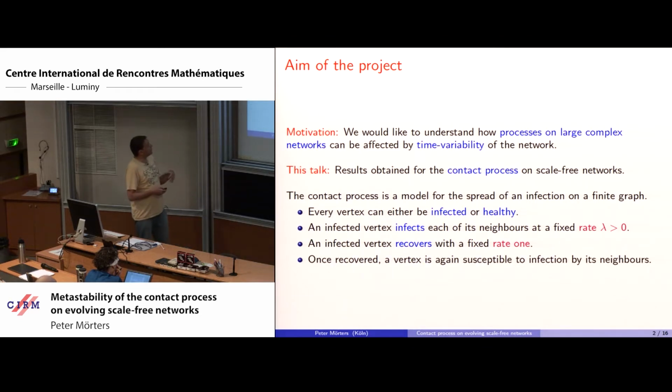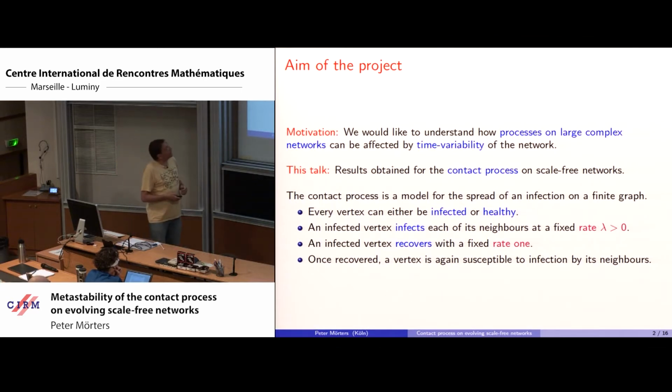Importantly, once recovered, a vertex is again susceptible to infection by its neighbors. So the state of a vertex alternates between being healthy and susceptible, and being infected. That's why it's also called SIS, for susceptible, infected, susceptible.